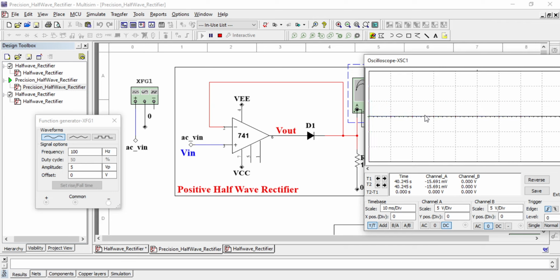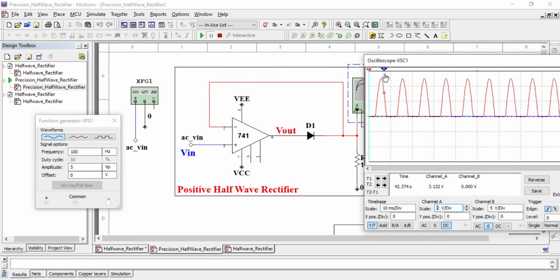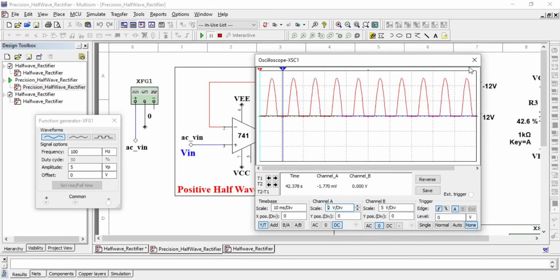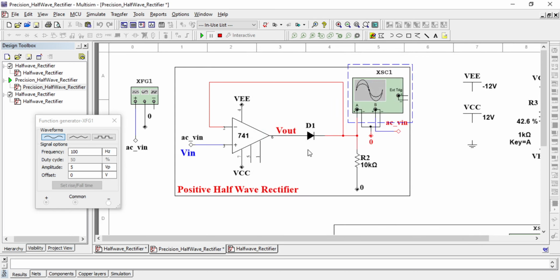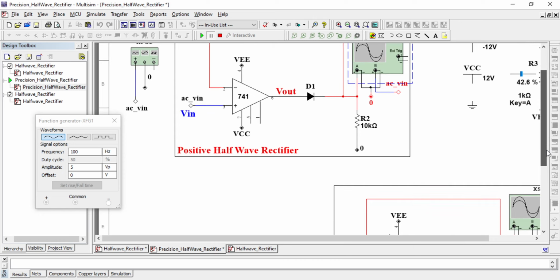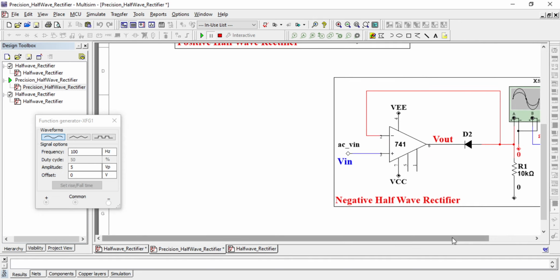Even if I try to show you here, the voltage is not affected by the diode's threshold voltage. When the input is going negative, we are getting minus 1.7 millivolt, which is basically due to the offset voltage of the op-amp. But otherwise, it is still far less than 0.6 volt because the output is only affected by 1 millivolt.